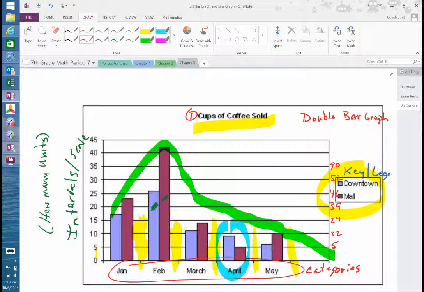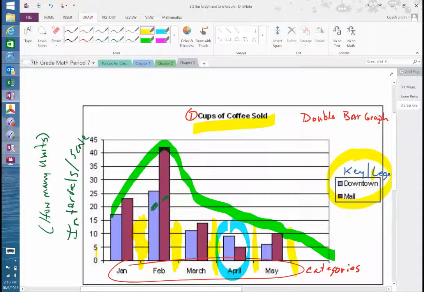But at the same time, what was the most coffee sold? How many? About a little over 40, right? So would I want to make my scale 20, 40, 60, 80, 100, 120? Would I want to do that?